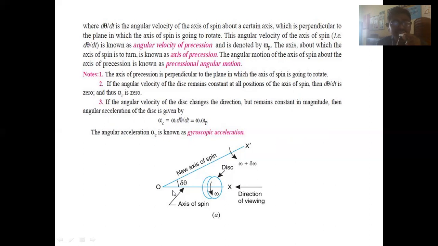And that axis of spin is rotating about an axis which is perpendicular to the plane of rotation. That perpendicular axis we call the axis of precession. So these are the things we will come to know about this topic.